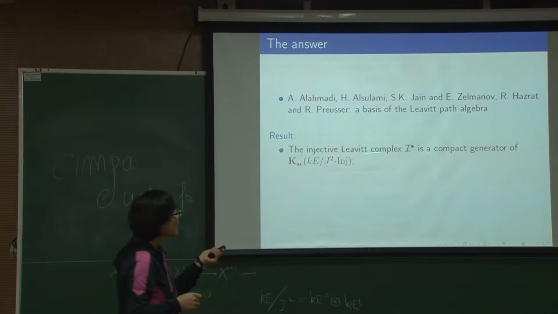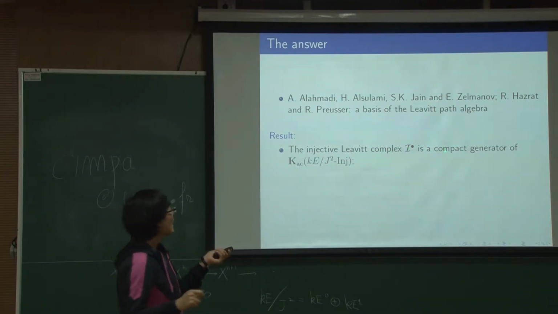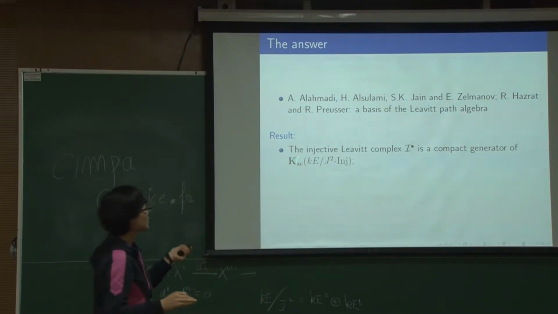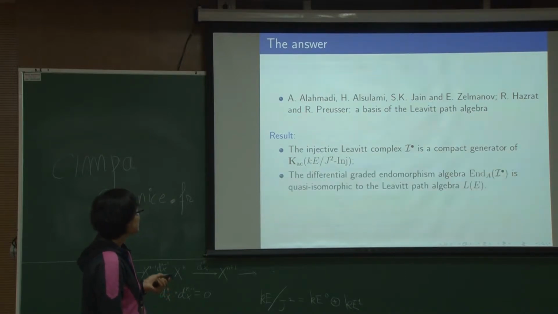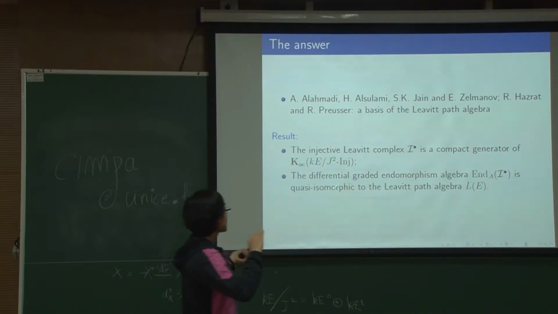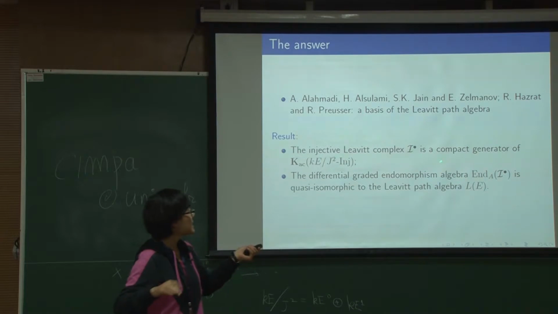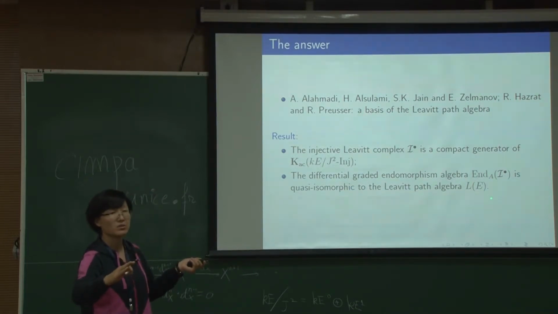We construct a complex. We call it the injective Leavitt complex. And then we prove that it's a compact generator for this category. And continuing, we can find the relation between them. We find that the differential graded endomorphism algebra of the injective Leavitt complex I is quasi-isomorphic to the Leavitt path algebra.